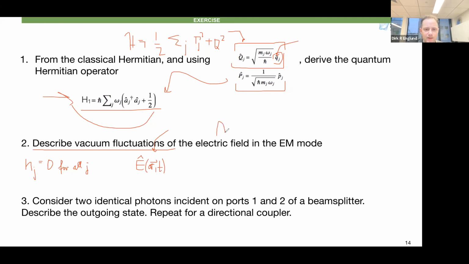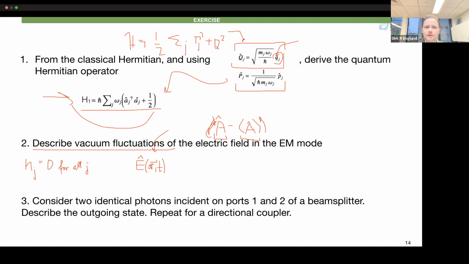For any quantity that we sample, let's say quantity A, which is described quantum mechanically by an operator A, the fluctuations would be given by this expression: the expectation of the operator minus its mean, squared.